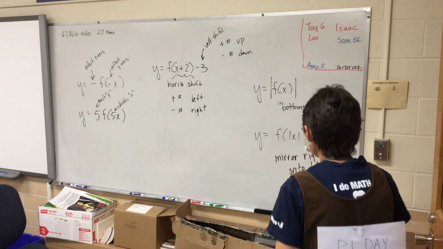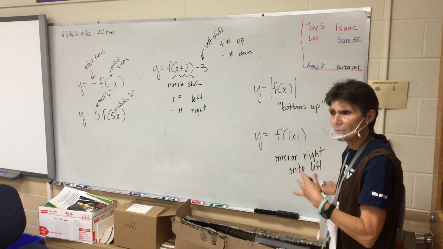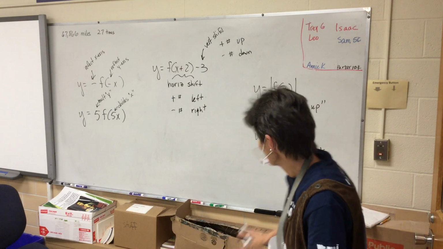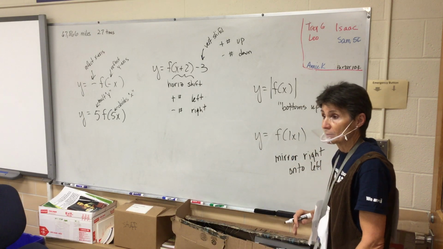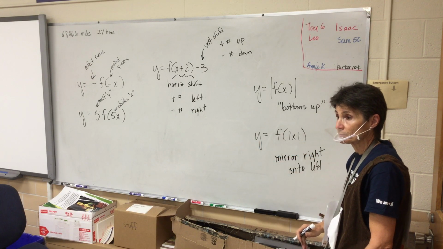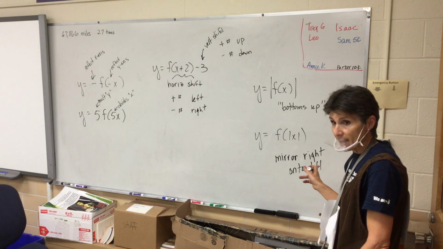With this one, whatever is originally in the original picture on the left is just gone. It's gone for this one. And it's replaced with the right side reflection. All right, you okay with that?